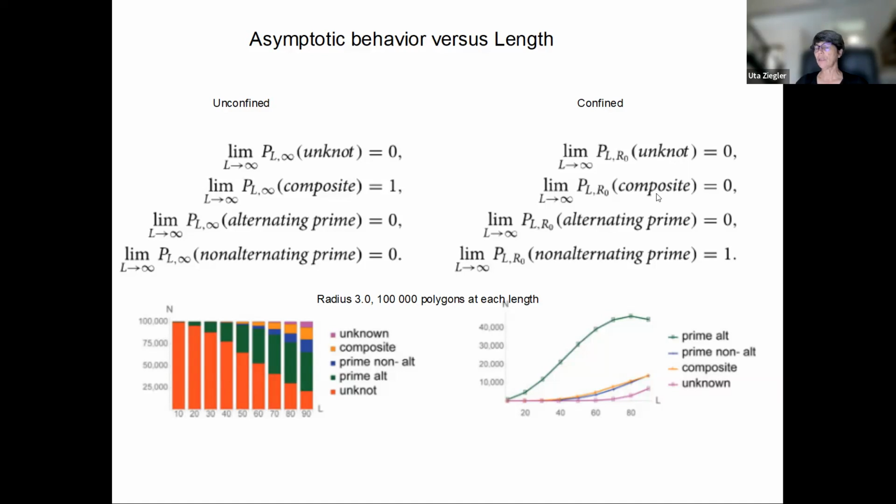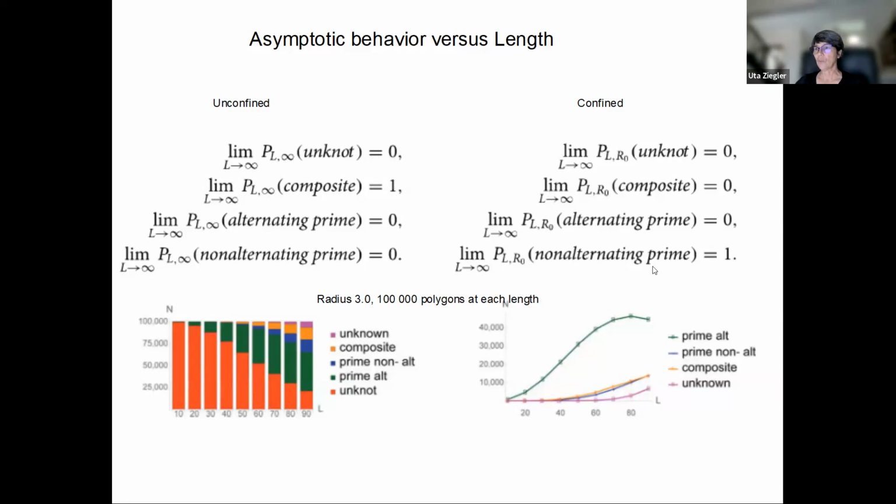Now, we think that the composite knots will actually vanish in confinement, because the composites are destroyed when the length increases: the probability that the plane of such a factor is pierced increases with the length. We also believe that the alternating prime knots disappear, because for very complex knots, the percentage of alternating prime knots goes to 0.